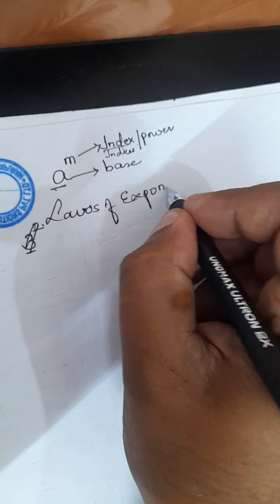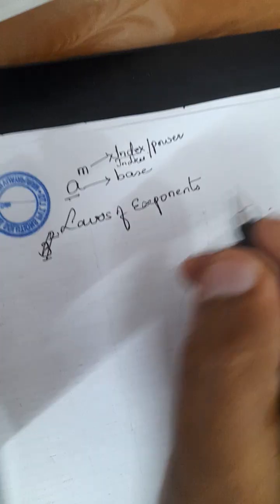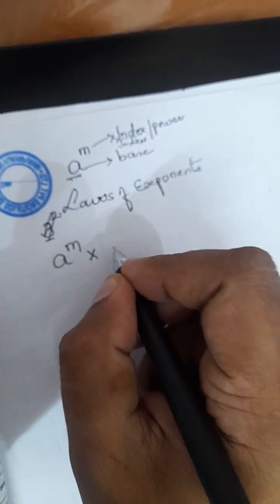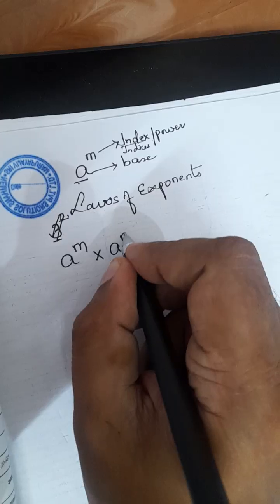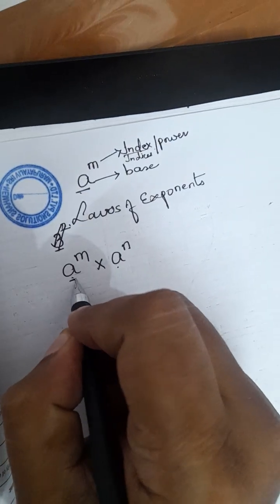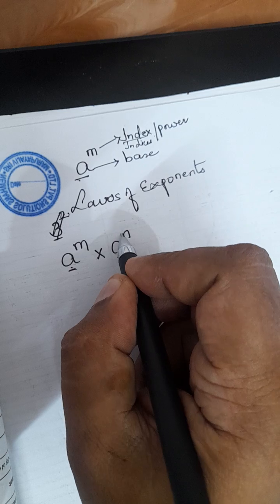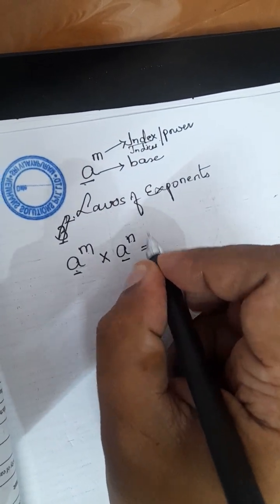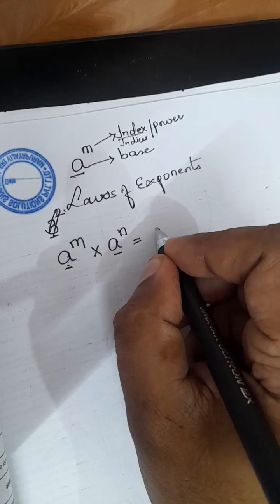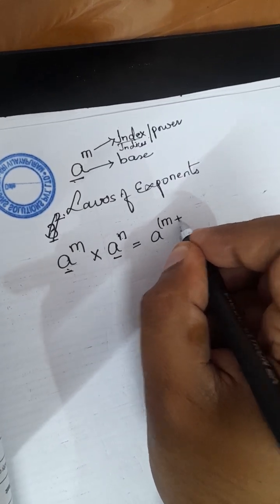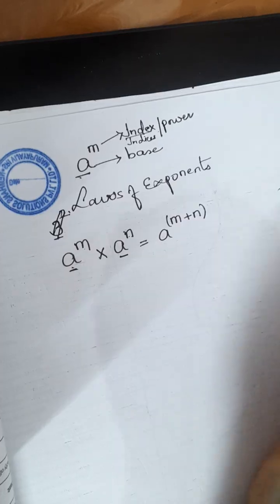You have a to the power m into a to the power n. If you see here, the bases are the same while the indices are different. In this case, the law of exponents says it is a to the power m plus n.